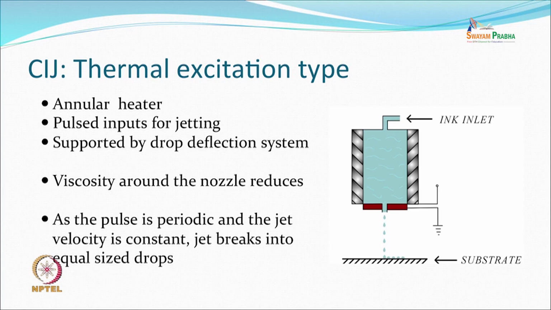Now what it says is that this pulse will be there for jetting. There is an annular heater all around the nozzle, and then it is heated in a pulse. So when you heat this, the viscosity goes down and then it falls, right? So now you can understand what you are controlling.